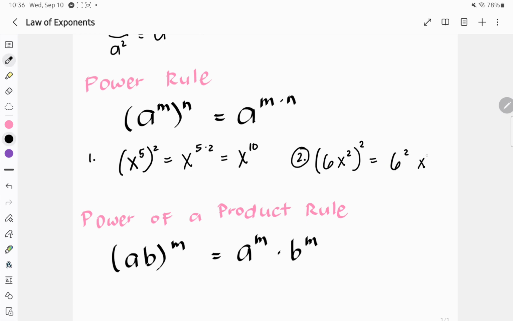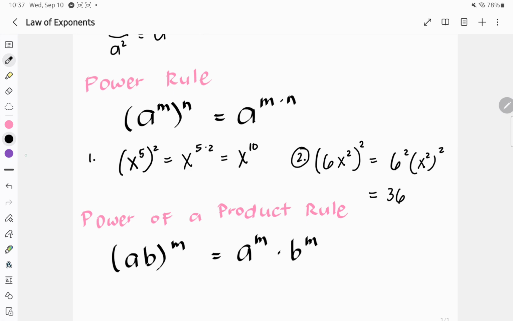So different rules may be used to simplify the expression. 6 raised to 2 is 36.